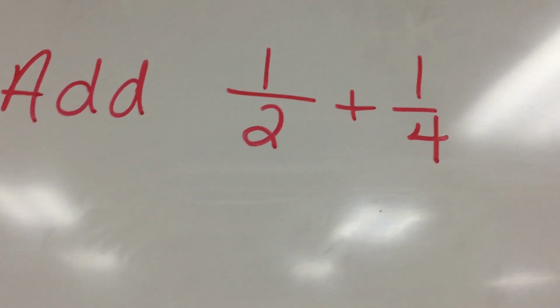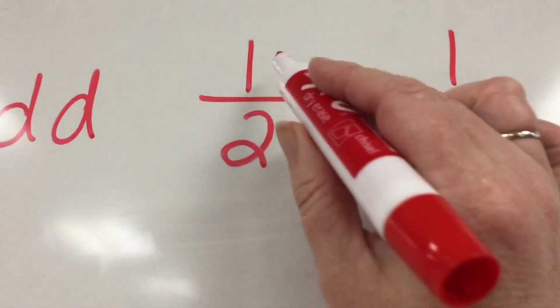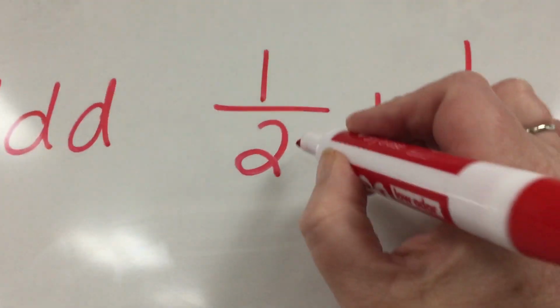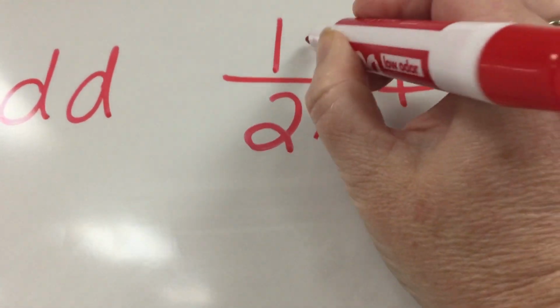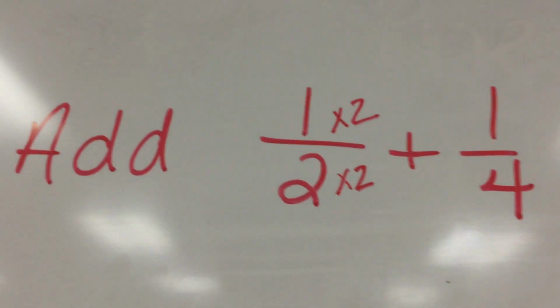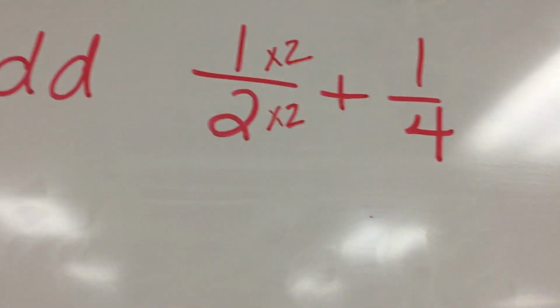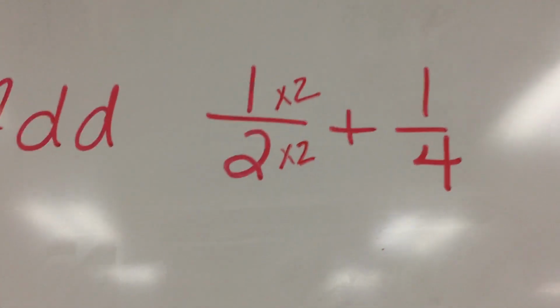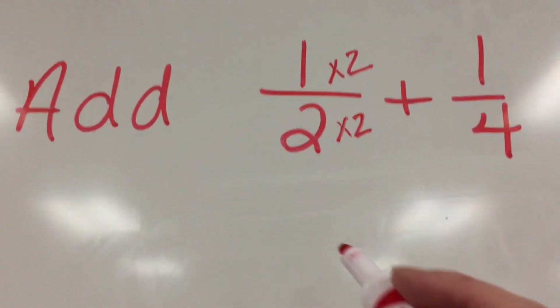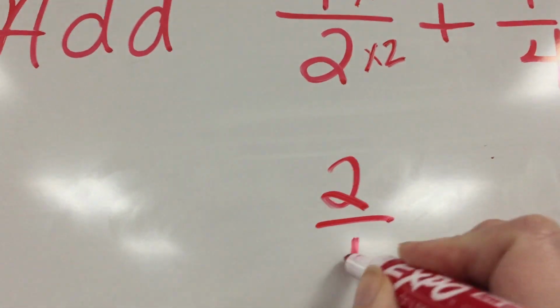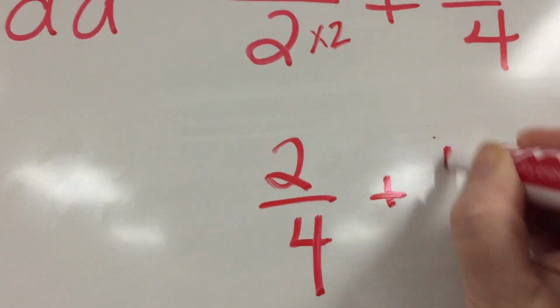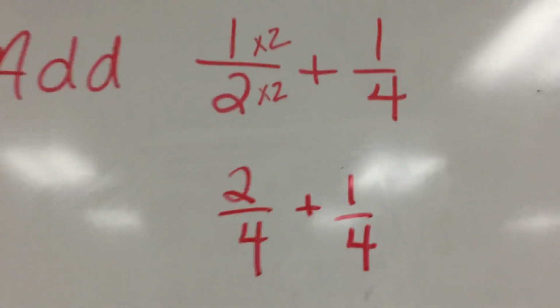So we've done this a lot. To get from 1/2 to something with a denominator of 4, we multiply the top and bottom by the same thing. Whatever you do to the bottom, you have to do to the top. So 1/2 then becomes 2/4, and then we can add that to 1/4.